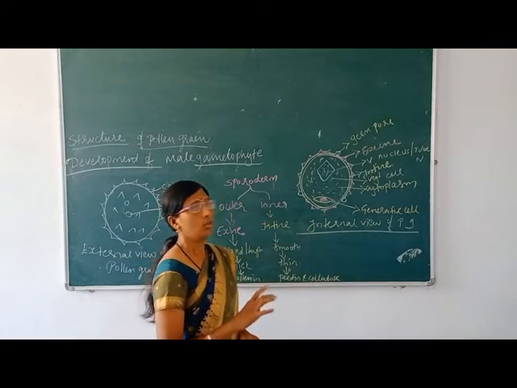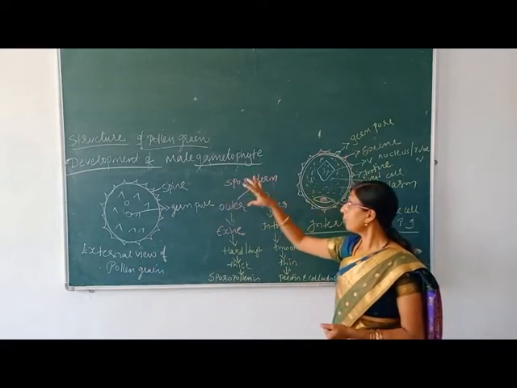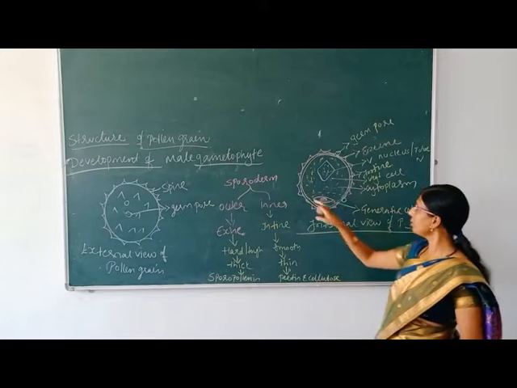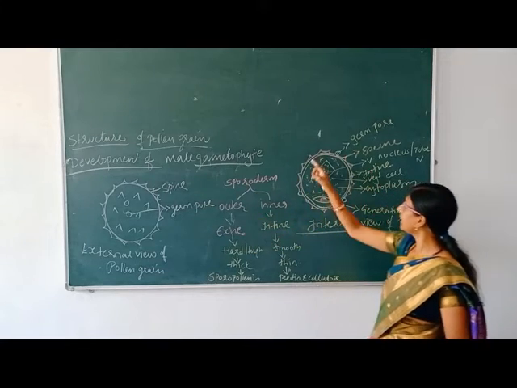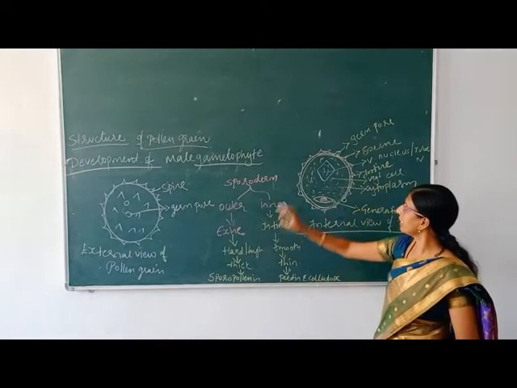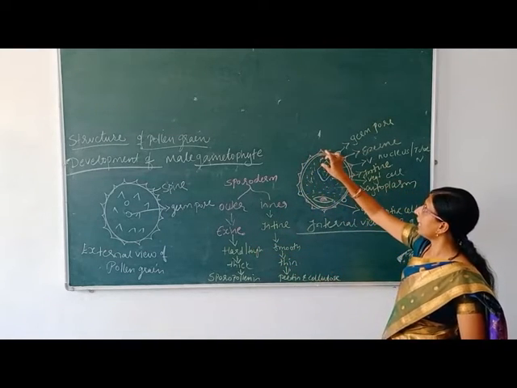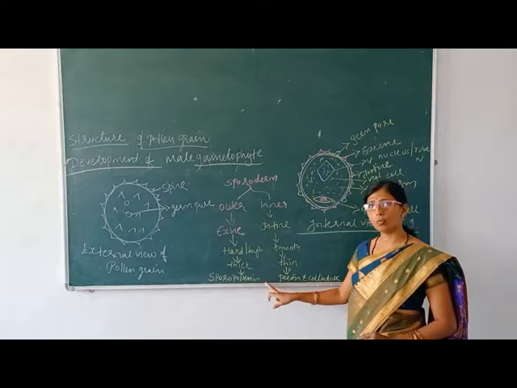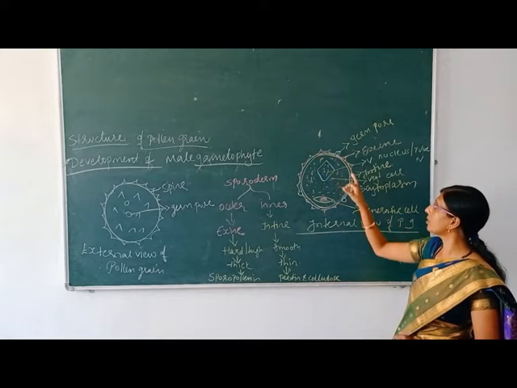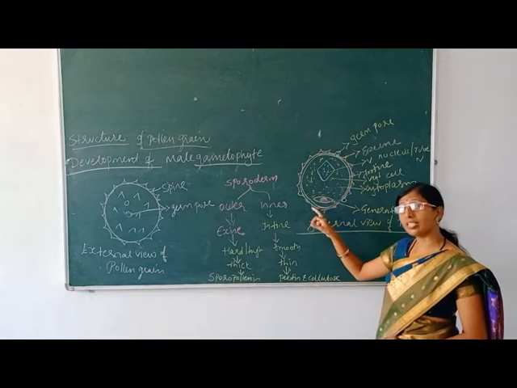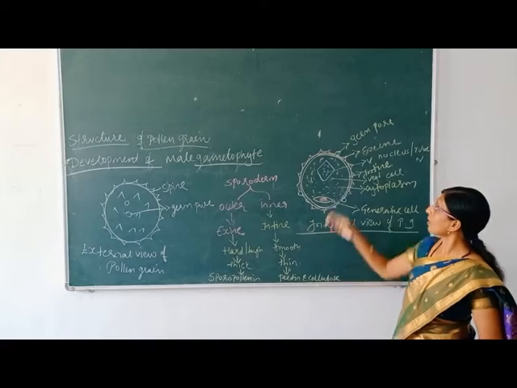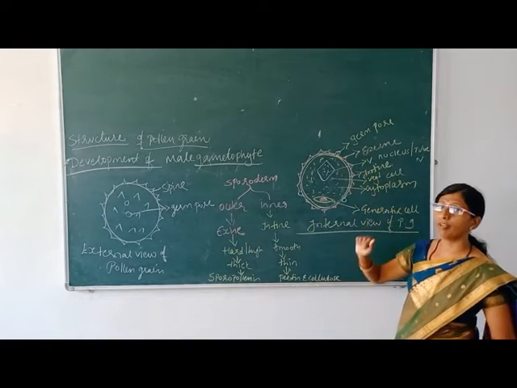So the outer covering of the pollen grain is sporoderm; the outer is exine and the inner is intine. Exine is very hard, tough and thick due to the presence of sporopollen, and the inner is thin and smooth because it is made up of pectin and cellulose. So what is the function of exine and what is the function of intine?